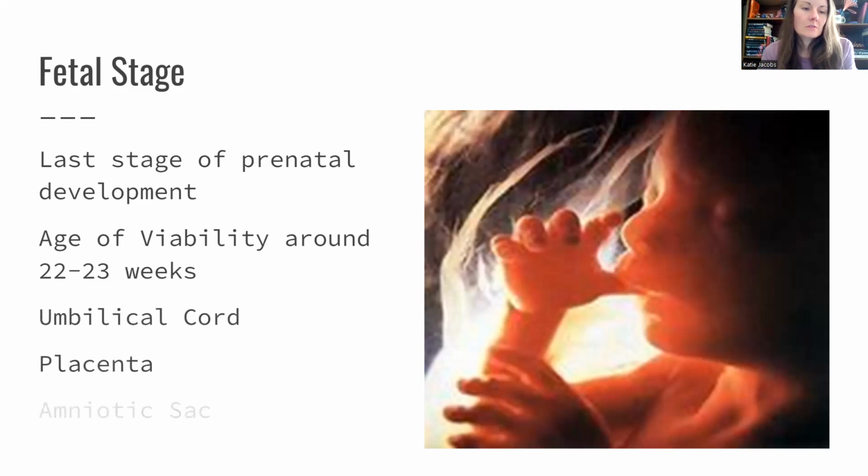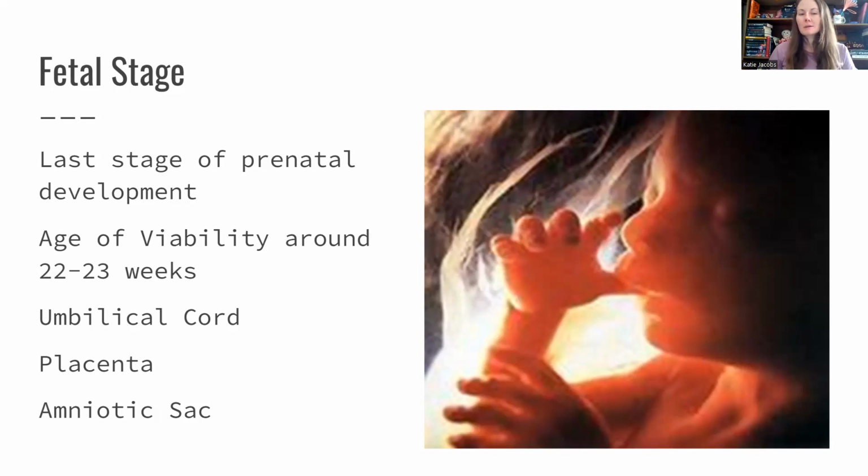And so we have things to talk about with this stage, like the umbilical cord, which we know provides the nutrients to the baby. We have the placenta that acts as a barrier, but allows waste and things to transport into the mother. And then we have the amniotic sac, which is this clear sac that protects the baby from bacteria and things like that.